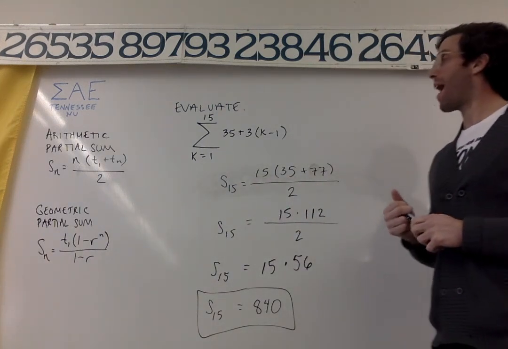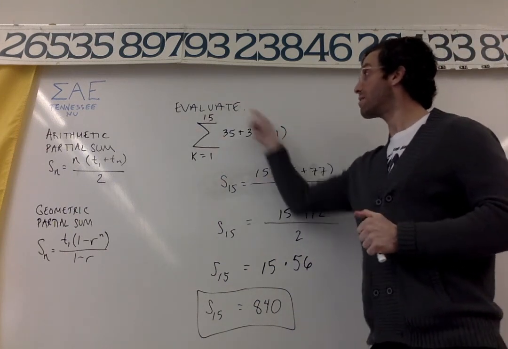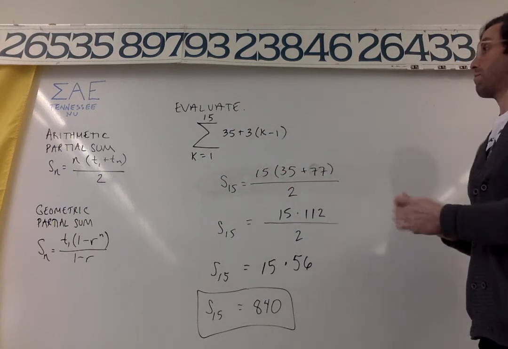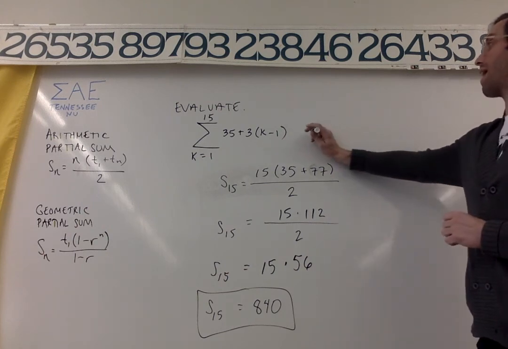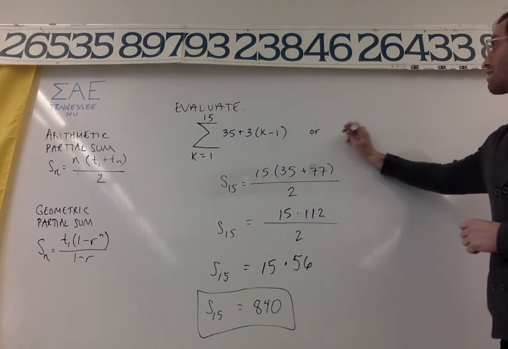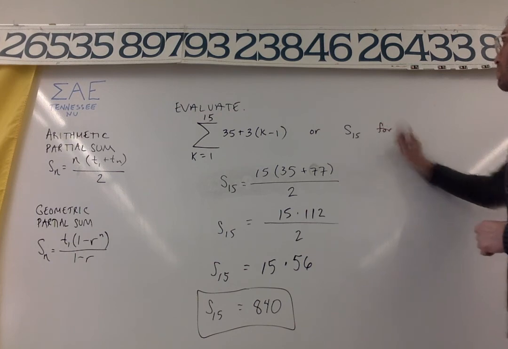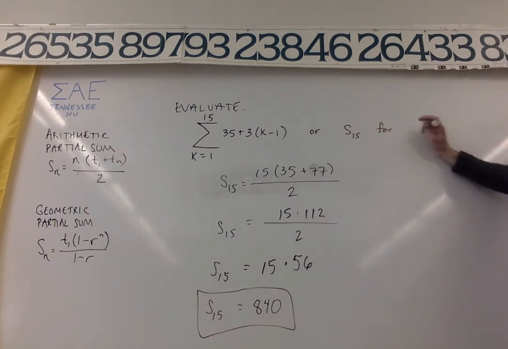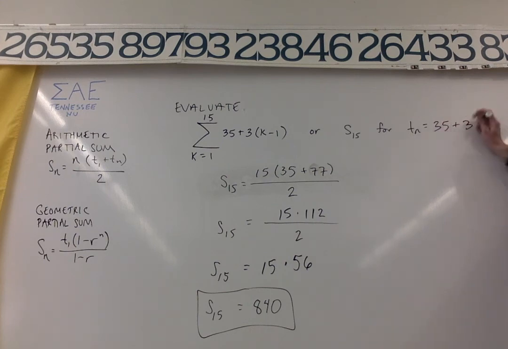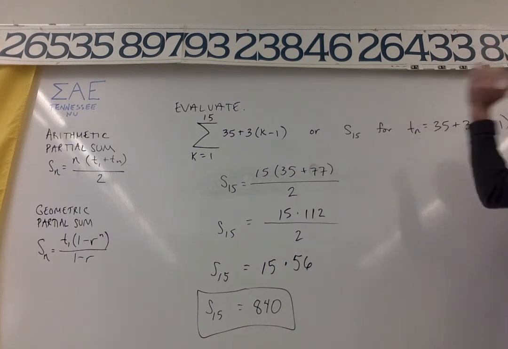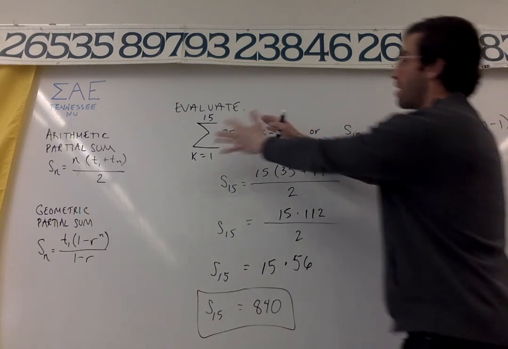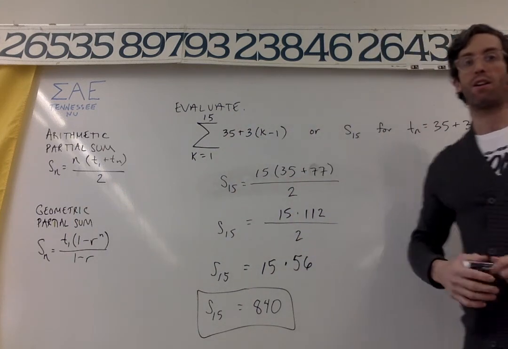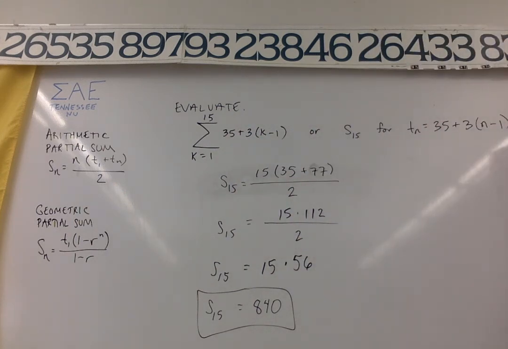If you're asked to evaluate this, this would be the same as being asked to find S sub 15 for the sequence t sub n equals 35 plus 3 times n minus 1. So these are really the same problem. Here you're finding the sum of the first 15 terms in this sequence. Here, it's a new notation, but you're doing the same thing.